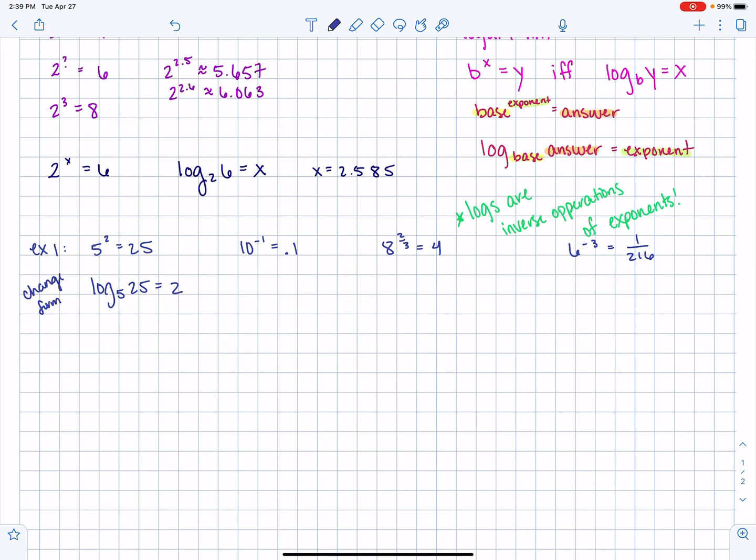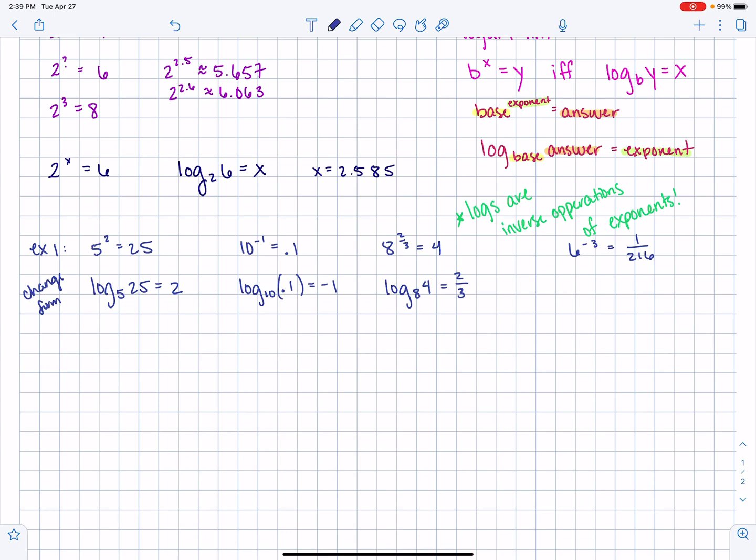All right, for our next one, we have log base 10 of 0.1, I'm going to put that in parentheses so you can see there, is equal to negative 1. It's equal to that exponent. Log base 8 of 4 is equal to 2/3.